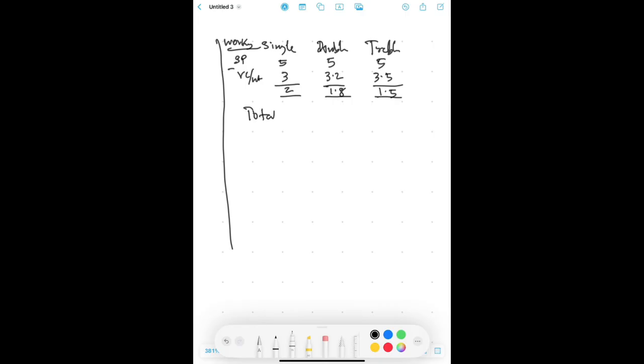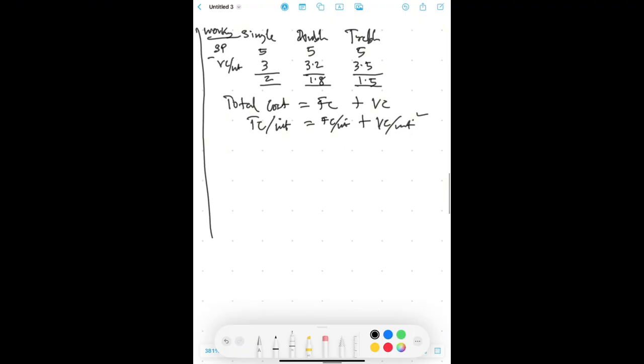Your total cost is made up of your fixed cost plus variable cost, but this time we are looking for the cost for one unit. So it's fixed cost per unit plus variable cost per unit. Variable cost per unit is given already in the question, so we are left to calculate the fixed cost per unit, for single, double, treble.